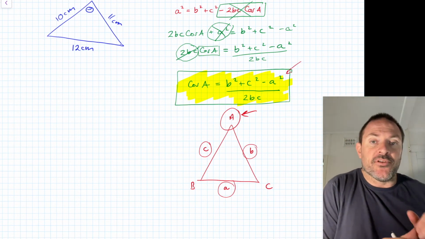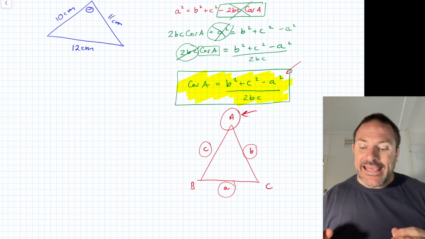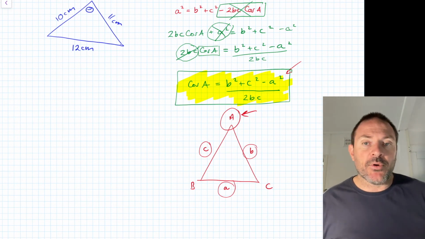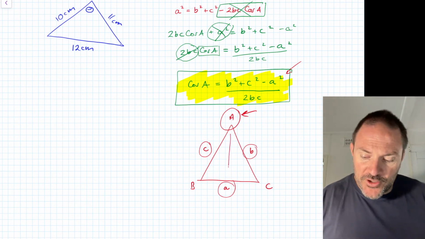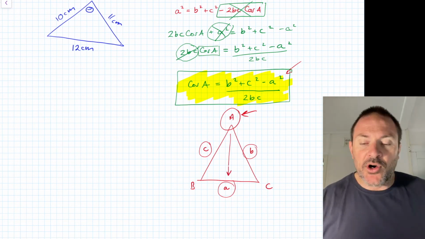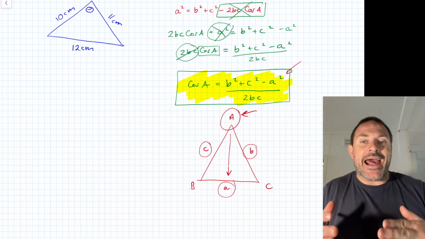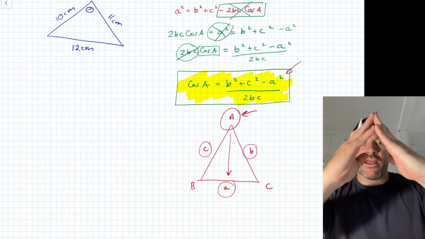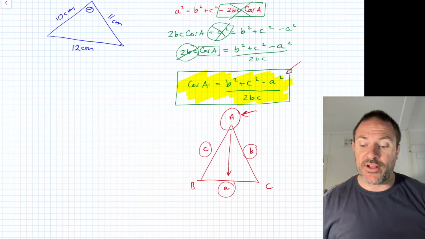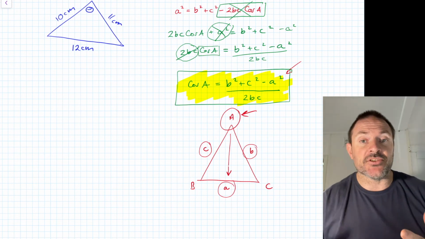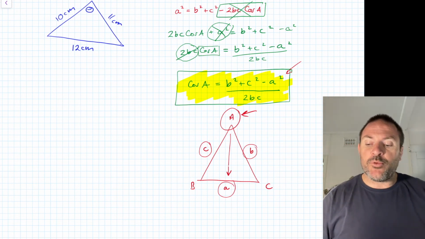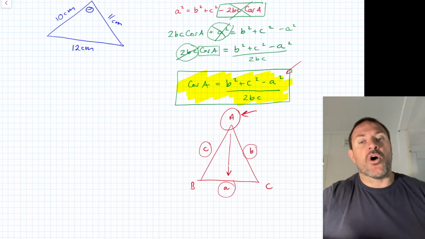We're adding 2 of them, but then we're minusing 1 of them. What do you notice about the a that we're subtracting? Well, hopefully you can recognize that it's opposite the angle that we're finding. So the 2 that we're adding together, they're the ones next to the A, the adjacent sides perhaps. And then the a which we're subtracting is the one that is opposite it.